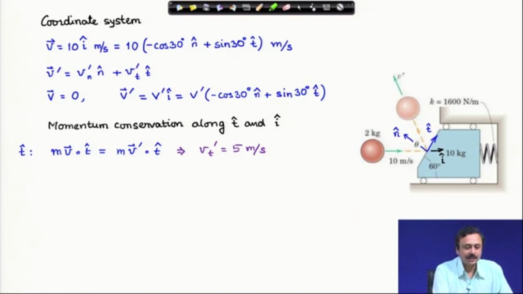Therefore, in this tangential direction, m v, the incoming linear momentum of the ball, small m times v vector, dot t, must be equal to m v prime dot t cap. The change of linear momentum along the tangential direction must be 0. So, incoming linear momentum must be equal to the outgoing linear momentum in the tangential direction, and from here trivially you can solve v t prime as 5 meter per second.